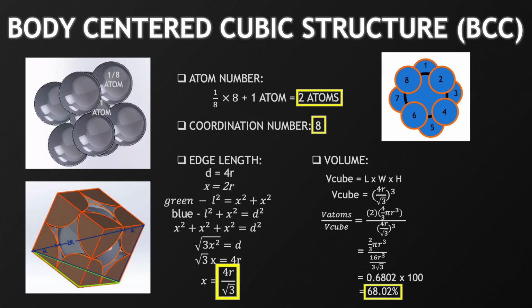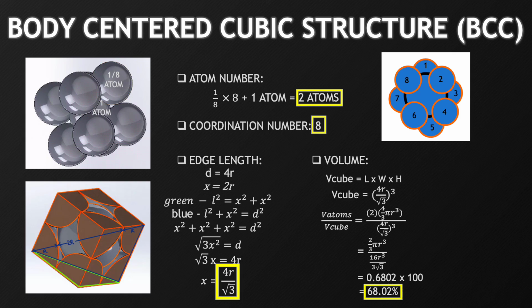The picture on the bottom left shows how the longest diagonal, represented by the blue line in the middle, is 4r. That value can be obtained from the bottom corner of the cube all along the center until reaching the other corner. As we can see, the blue line forms a right triangle with the hypotenuse of the green triangle.